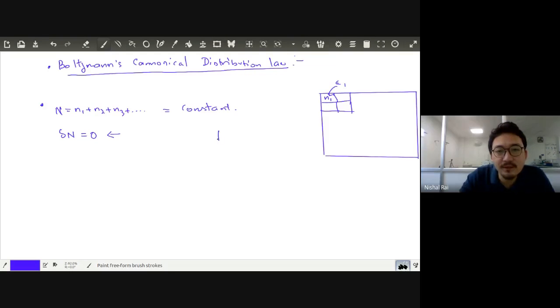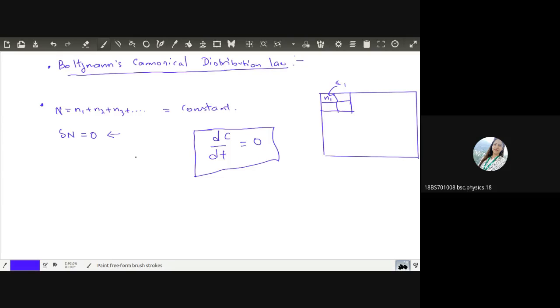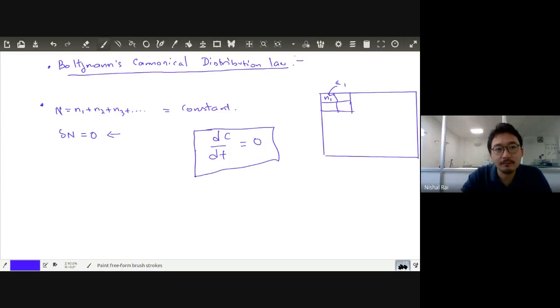One thing is, if you differentiate any constant with any variable, how much will you get? 0, sir. 0, exactly. So that's why the fluctuation in delta N is 0. We are just taking a differentiation of N, which is basically 0. Is it clear now? Yes, sir. Is it clear or not?